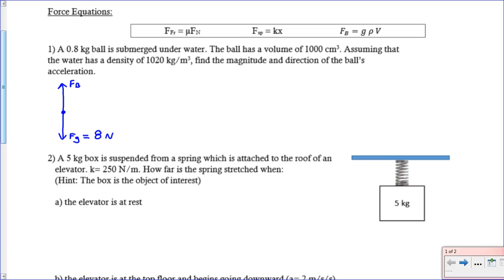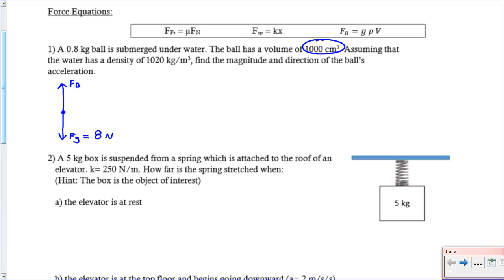One thing to comment on here, though, is we're given the volume in centimeters cubed. I mentioned above that volume needs to be in meters cubed. Normally, when we go from centimeters to meters, you move the decimal place over 2 spots. But we need to do that for each of the 3 dimensions because it's centimeters cubed to meters cubed, which means we end up moving it over 6 spots overall.